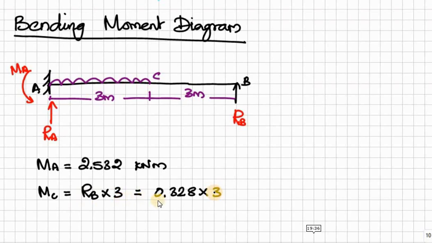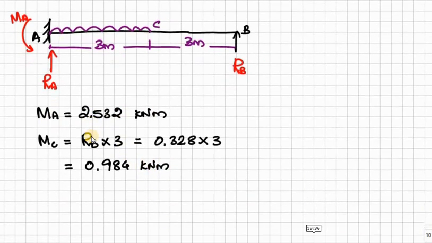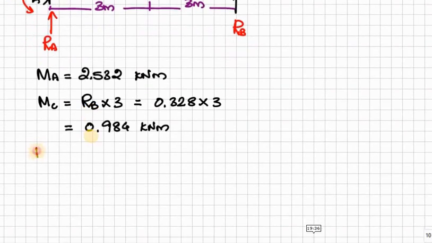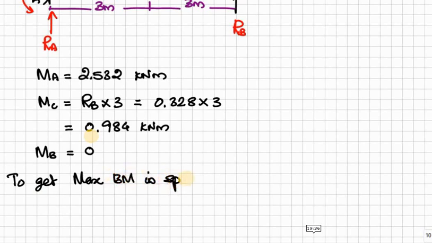Okay, that is MC is equal to 0.984 kilonewton meter. And remember, MA is the negative moment, MC is the positive. Because MA is acting in anti-clockwise direction, MC is in the clockwise direction. Sorry, anti-clockwise direction also, but on the right hand side. Okay, and the MB, that is a propped cantilever support, MB is equal to 0.